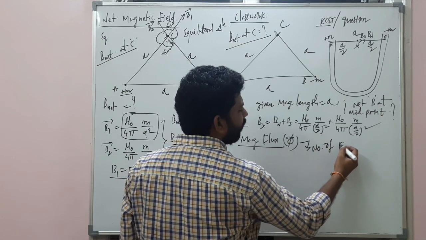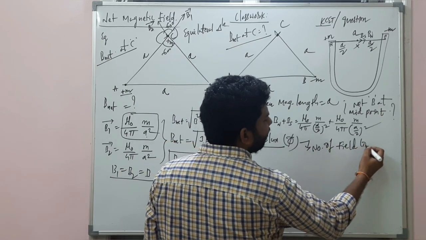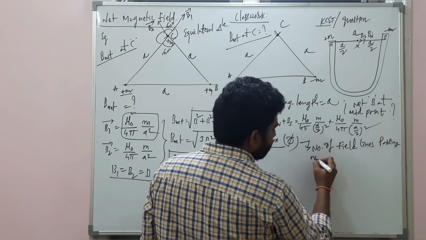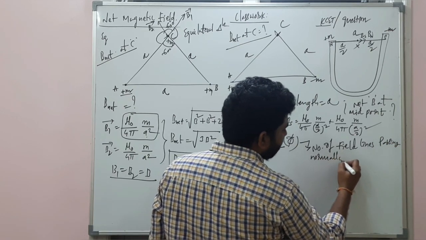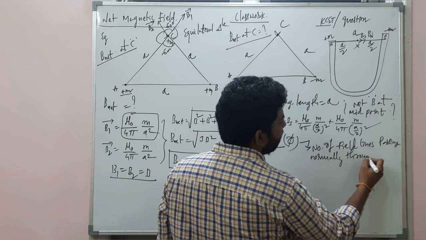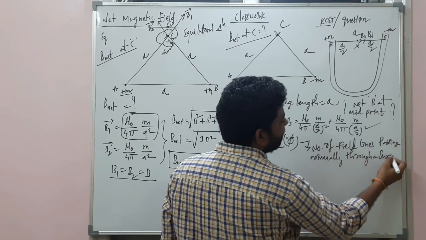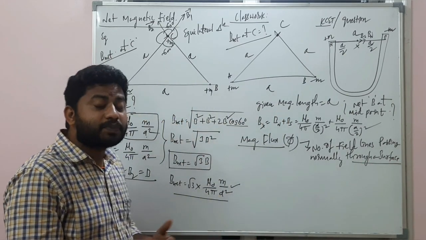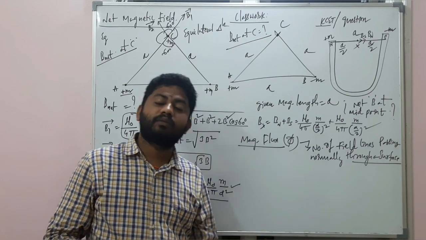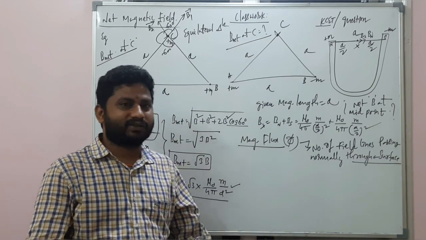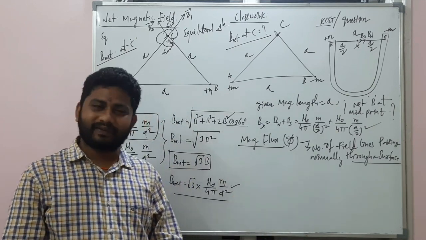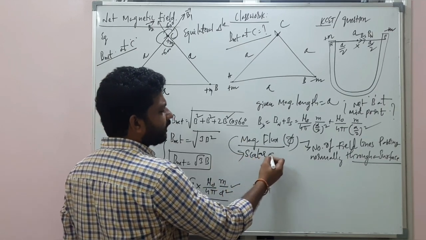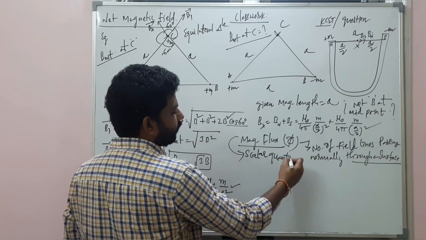It is the number of magnetic field lines passing normally, perpendicularly, through a surface, whatever the surface of consideration. How many magnetic field lines are passing through it, that's called magnetic flux. As this is the number of field lines, it is a scalar quantity.